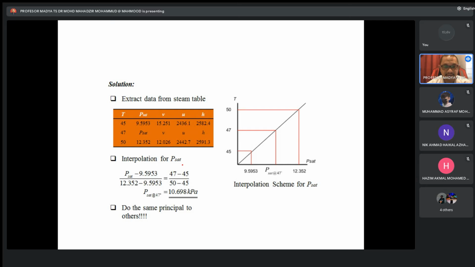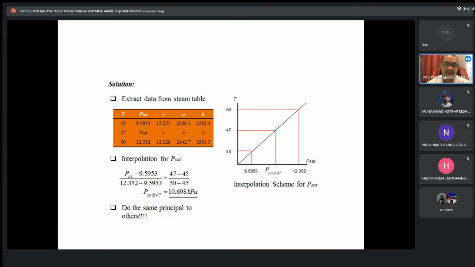For the interpolation of P saturated, you take P saturated minus the upper one, 9.5, divided by the lower P sat minus the upper P sat, the same concept as you made earlier. That means 47 minus 45 divided by 50 minus 45.